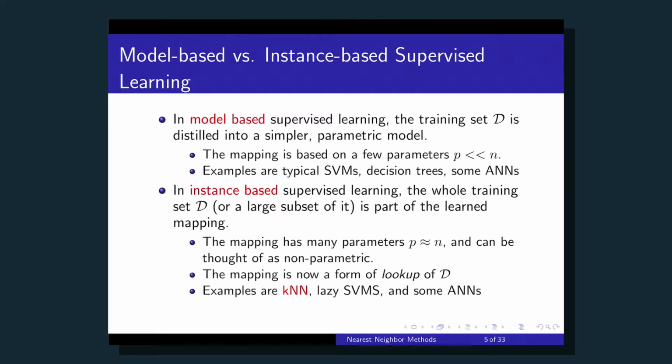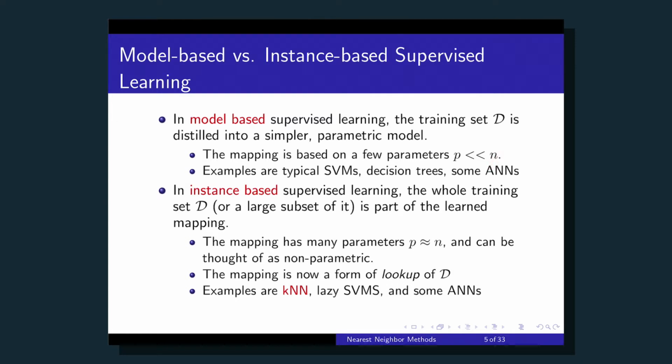So we found a model, in that case a decision point, which classified the two different classes from each other. We reduced the whole data set into one point, so to speak, where you say if it's less than this point, it's sea bass. If it's more than this point, it's salmon. When you do this, generally the mapping has very few parameters. So you might have a huge number of fish, like a million sea bass and a million salmon in your data set.